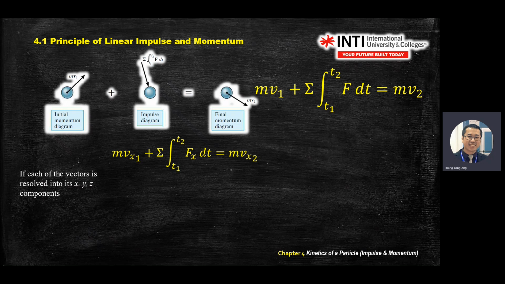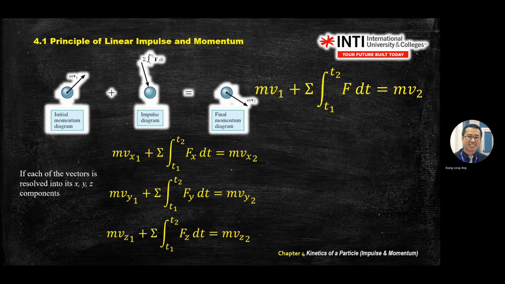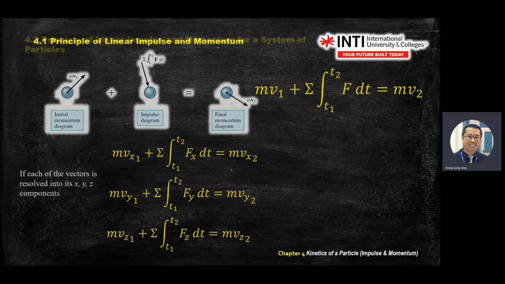You can break it this way, and then only focus on the x direction. You solve that one, and you might be able to find one of the missing parameters. Same with y, same with z. You just repeat the initial formula, broken into x, y, z.